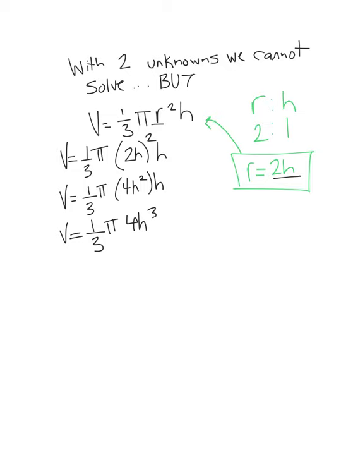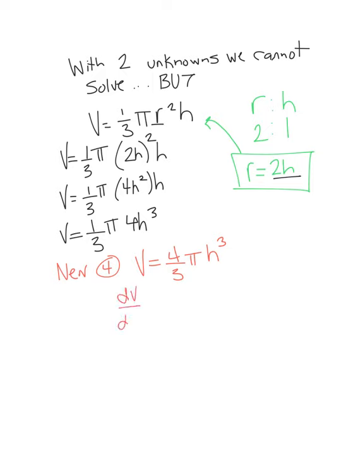At this point, I can go ahead and re-derive this, and I'll be able to plug all of my information in and solve it properly. So before I start deriving this, I just simplified it a little bit further. 1/3 pi times 4h cubed is equal to 4/3 pi h cubed.